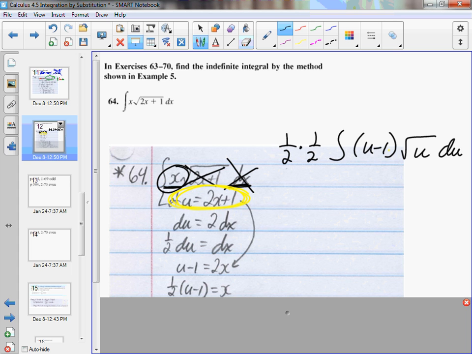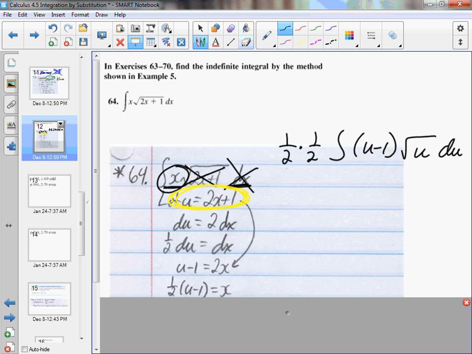Now, all of this has been a big fat waste of time if we can't find the antiderivative of what we now have. And we can't yet. But that square root of u is really u to the 1/2, correct?